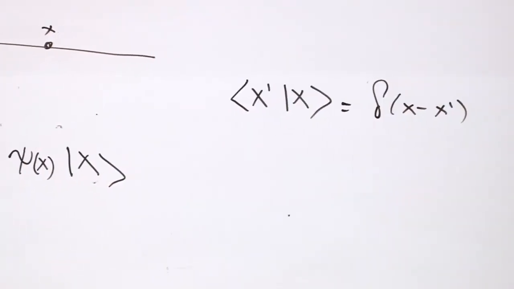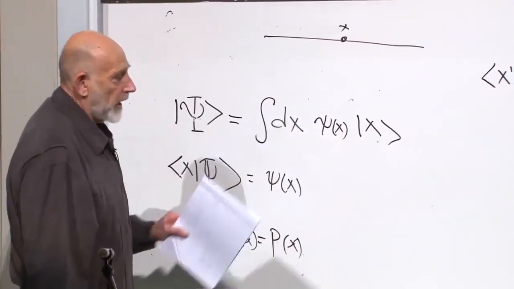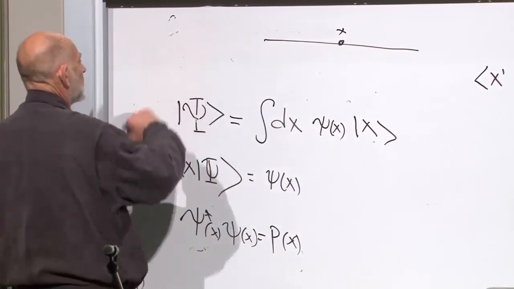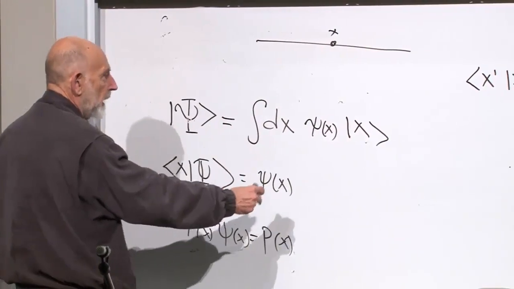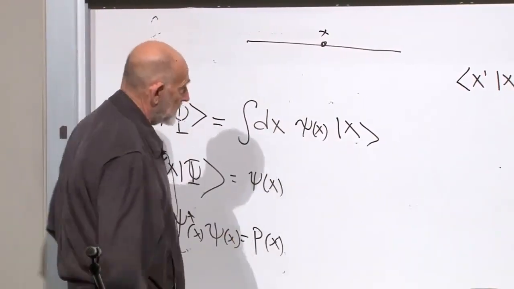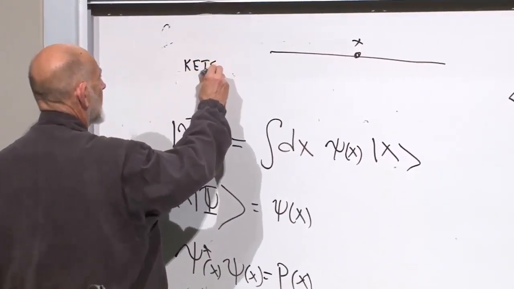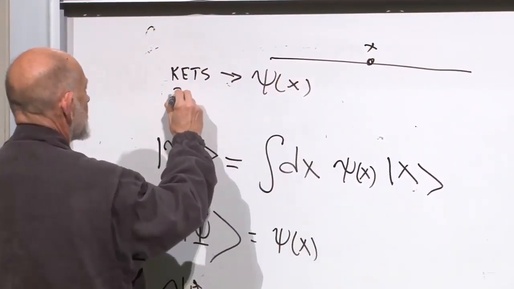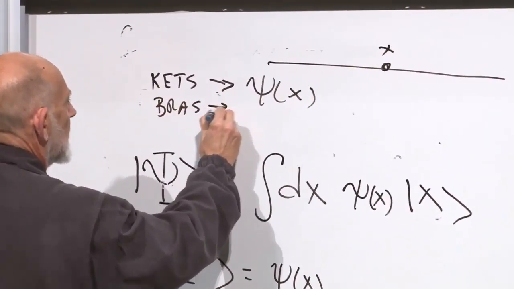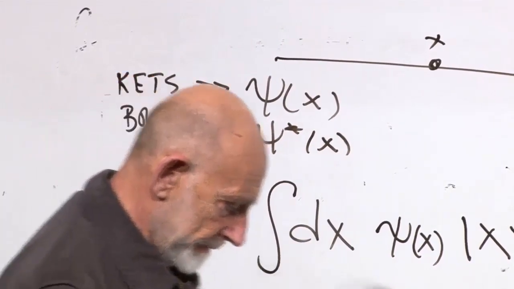We have bra vectors and ket vectors. If a ket vector is described by a psi of x, a bra vector, of course, would be described in a similar way in terms of psi star of x. So, kets, psi of x, wave functions, bras, psi star of x. Usual thing, nothing new here.